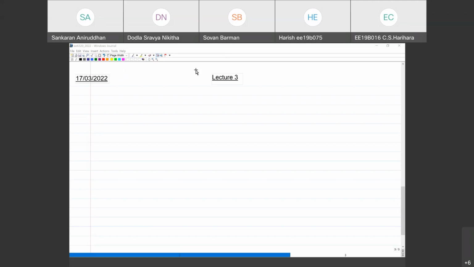So this is your LNA. If everything is inside the IC, your mixer may look like this.